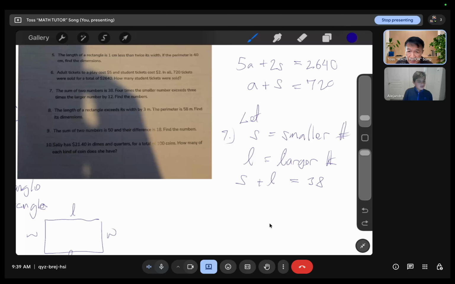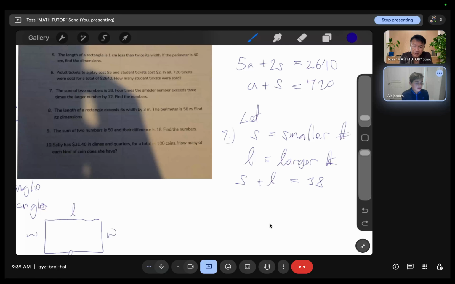4 times the smaller exceeds 3 times the larger, exceeds 3 times the larger by this much. Yeah, tell me. You subtract the two terms, and it's equal to 12.